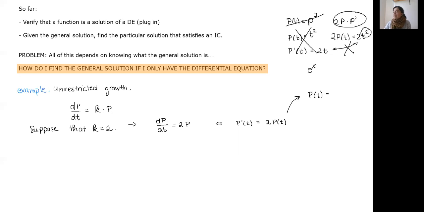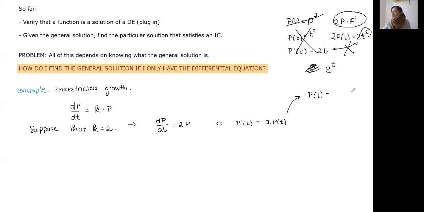But now what I want is not a function whose derivative is itself, it's a function whose derivative is twice the original function. So a function that has a derivative that is the original function times 2. How could I change my function over here? It's going to look similar to maybe not e to the x, but e to the t. Like here, the derivative of e to the t is going to be just the same as the original function. I think Erin has the right idea.